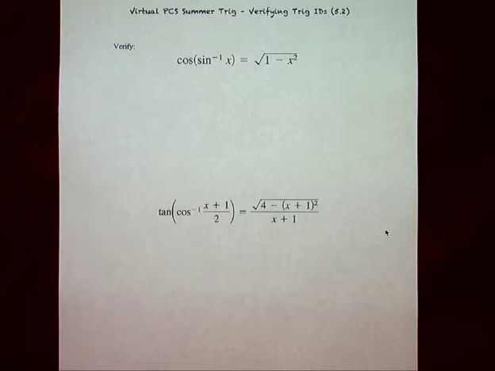Now the whole purpose behind this, I think, is they're trying to drive home the fact that any time you have two different expressions which are equivalent, meaning they give you the same value for all values of the variable, they are functionally identities, you know.